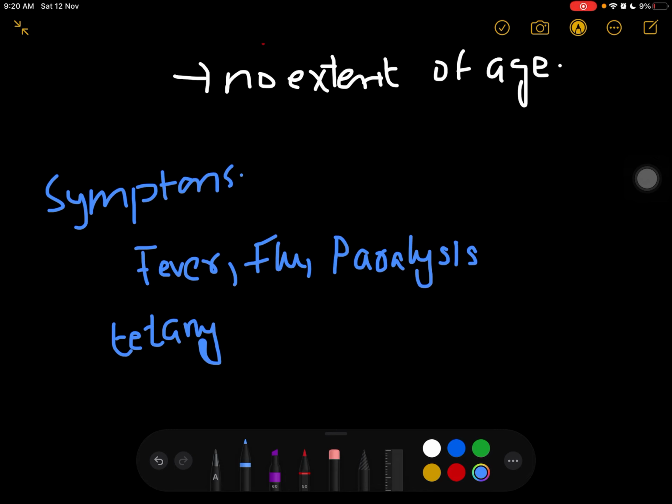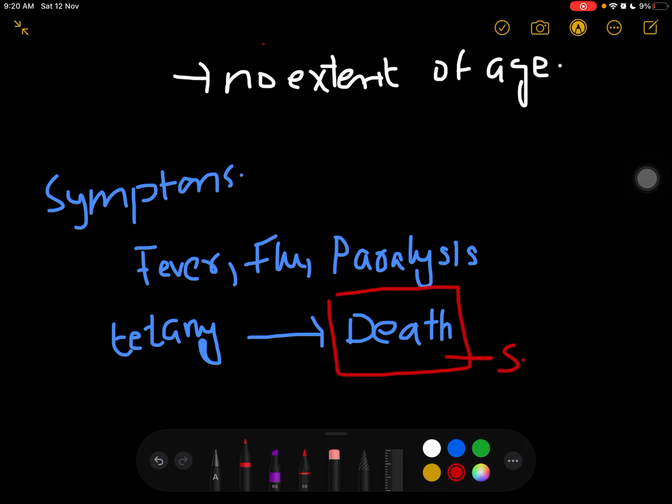These are the basic ones, and in the worst condition, death may also occur because of the polio virus, right? And most importantly, there will be paralysis of that particular organ, or you can say particular muscle.